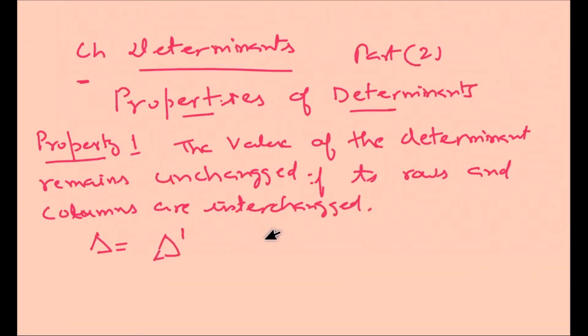That is the transpose, meaning rows changed into columns. If you use this, the evaluation of the determinant is not changed. Now can you prove it? So now we are going to prove it. Proof.